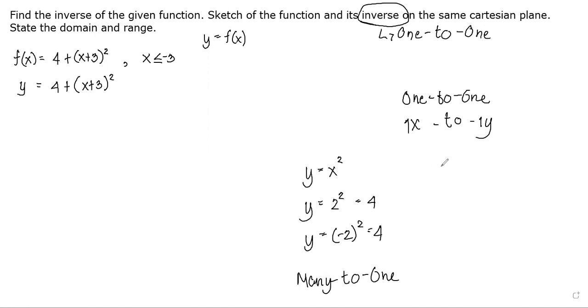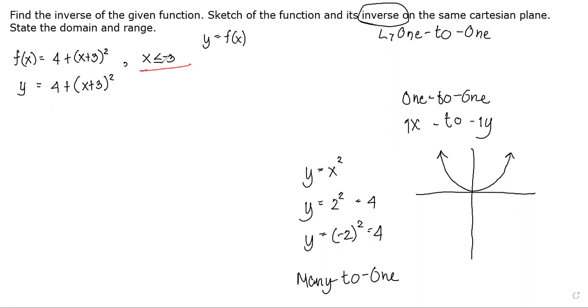Now, paano natin gawing 1 to 1 ang y equals x squared? Ang gagawin lang natin, i-restrict natin yung domain katulad ng ginawa rito.